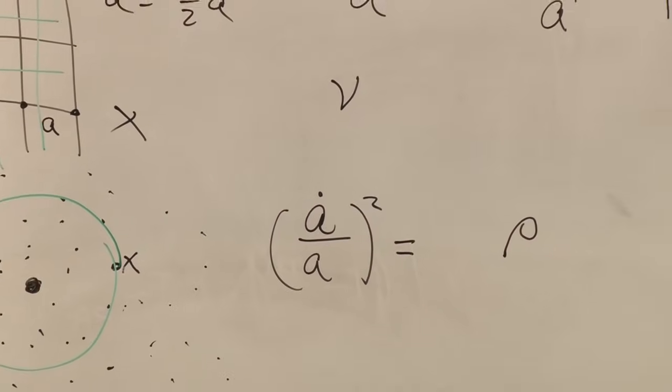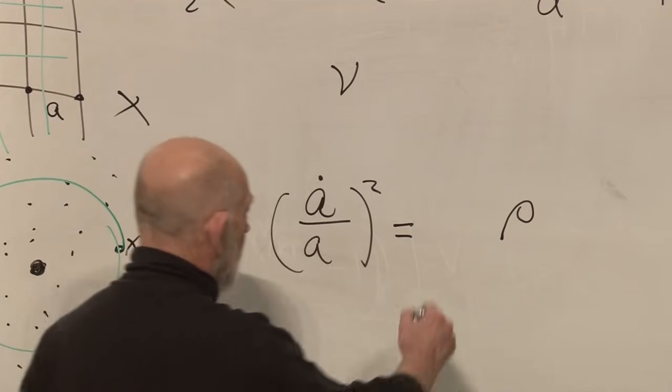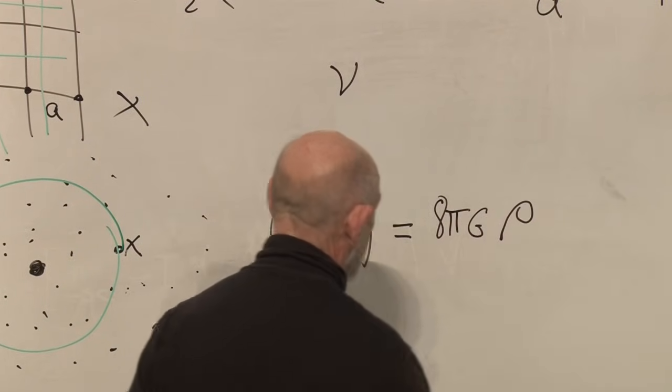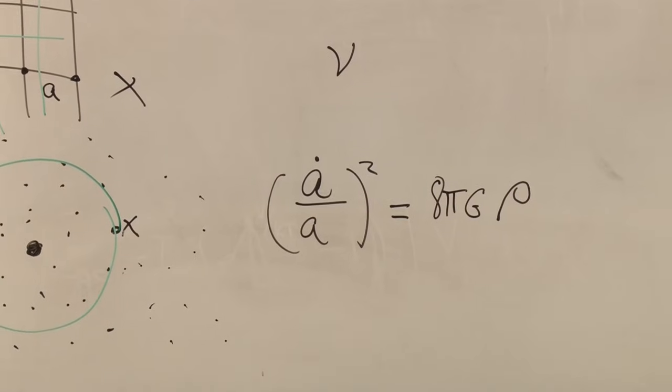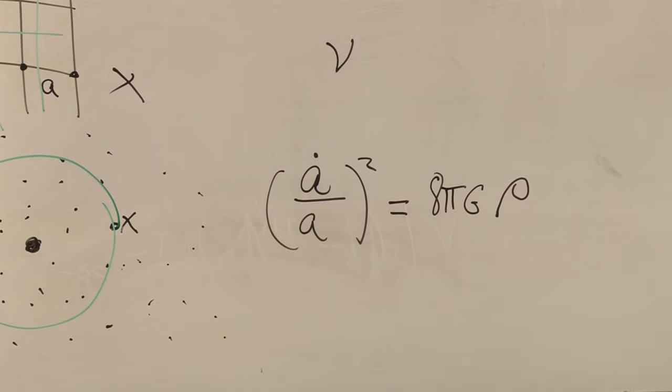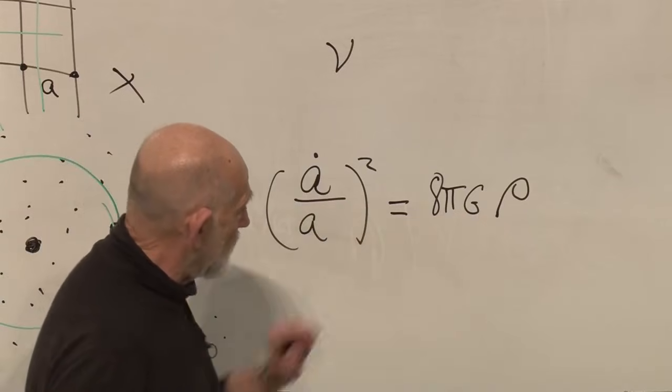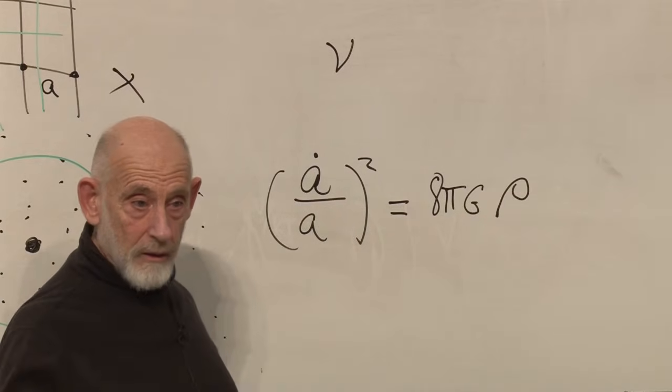And there was a little more. There was an 8, a pi, and a G Newton. That was the equation that we derived by just looking at the conservation of energy. Rho, oh, sorry, over 3.